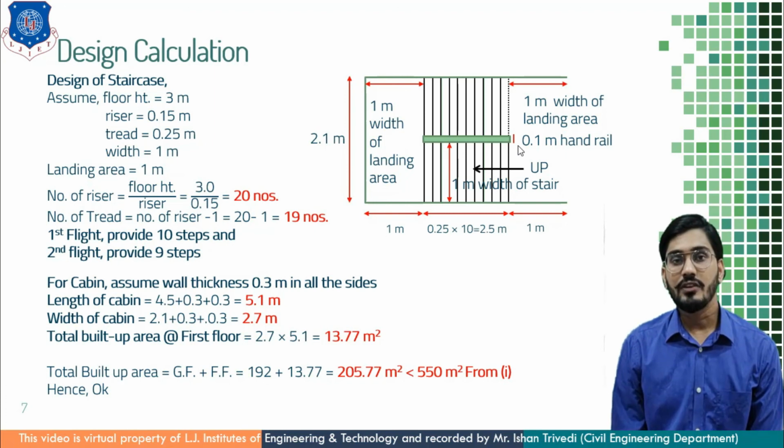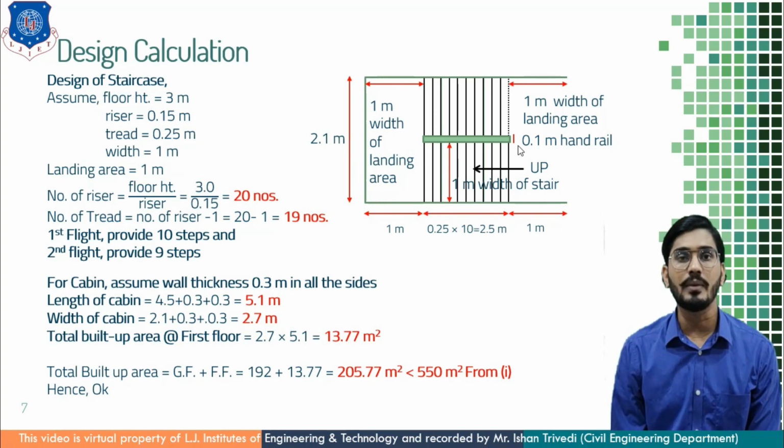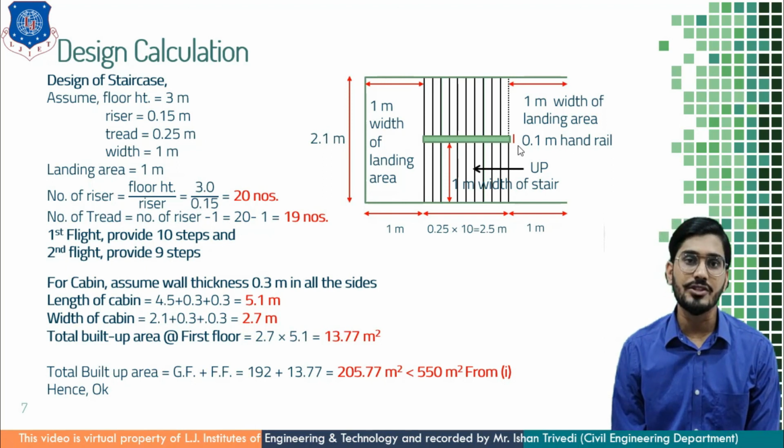If you are given a question which starts with draw a first floor plan, in that case you have to write down certain assumptions, but at minimum you have to calculate the total built up area and FSI calculation in your answer sheet. At minimum you have to assume certain things like floor area, tread, riser. At the same time you have to assume FSI and permissible built up area.